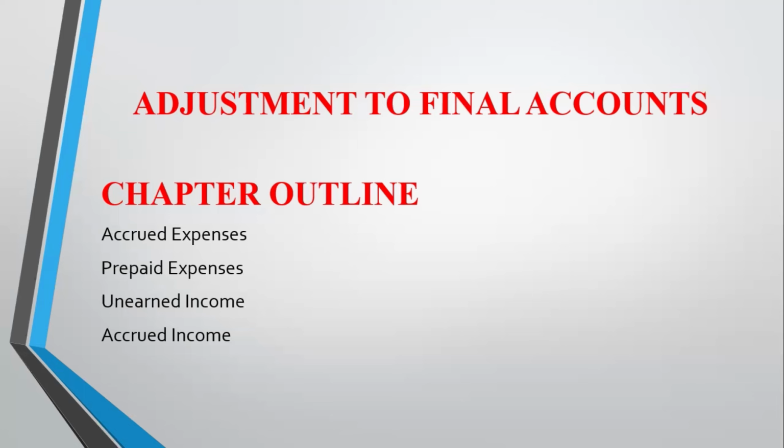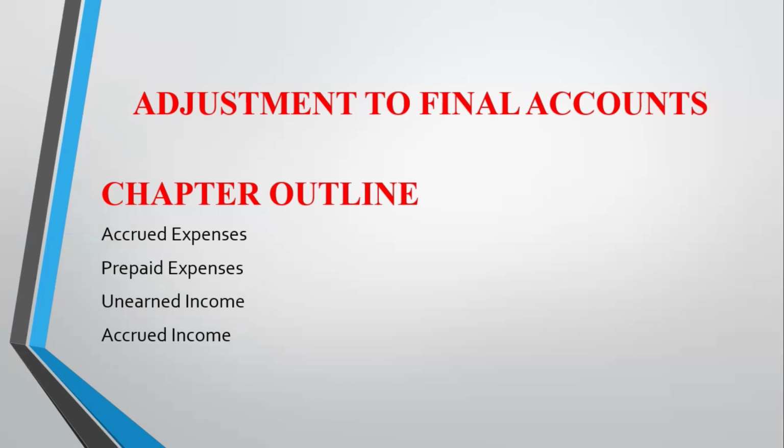That is why we do this adjustment. Sometimes there could be some payment or receipt of some income which is not relevant to the current accounting period. Therefore, because of the matching principle, we need to make adjustments for those items and record the ones that are relevant for that particular year only.